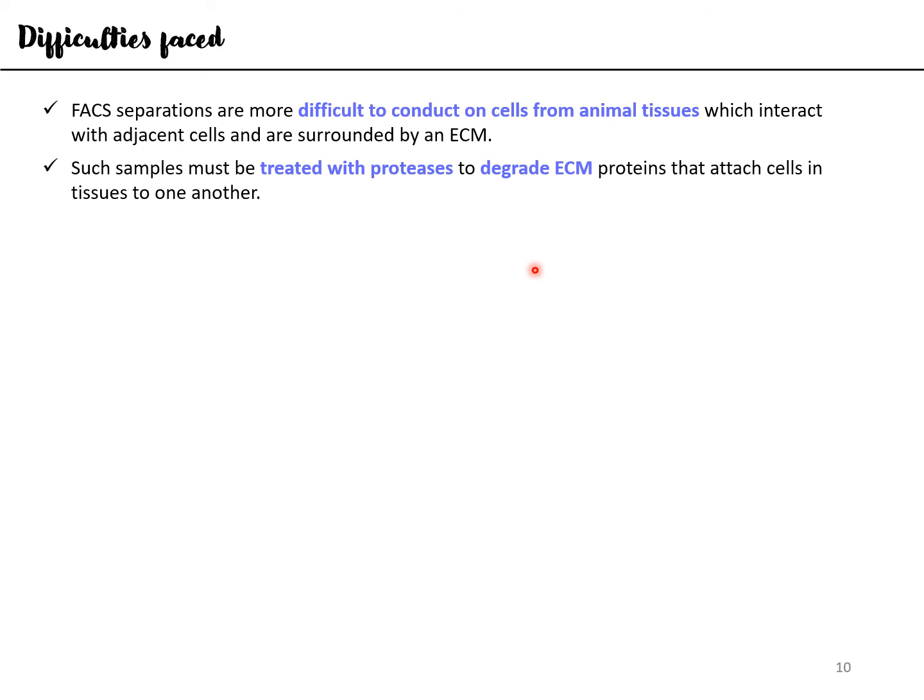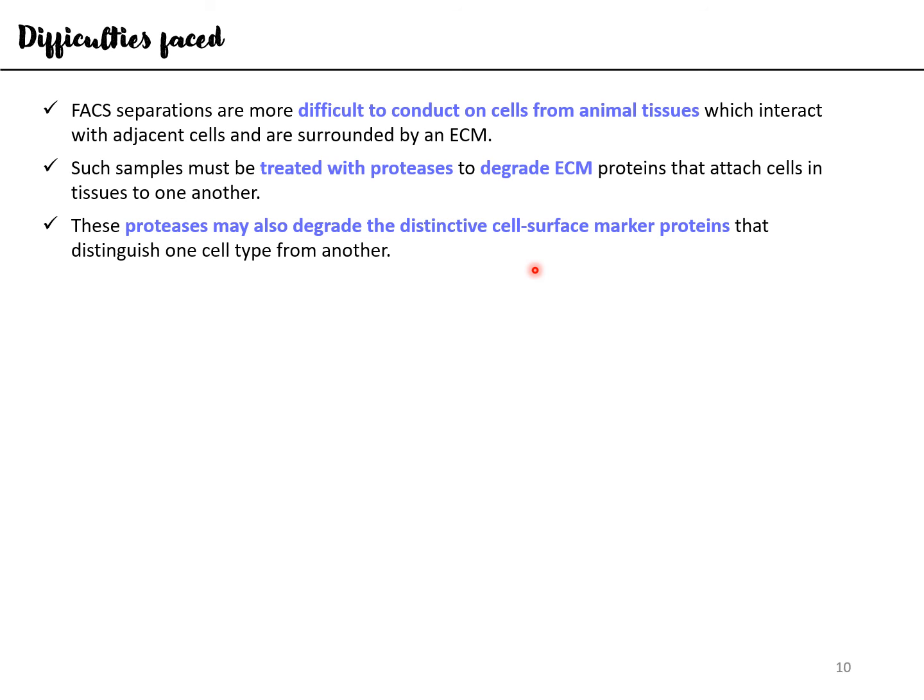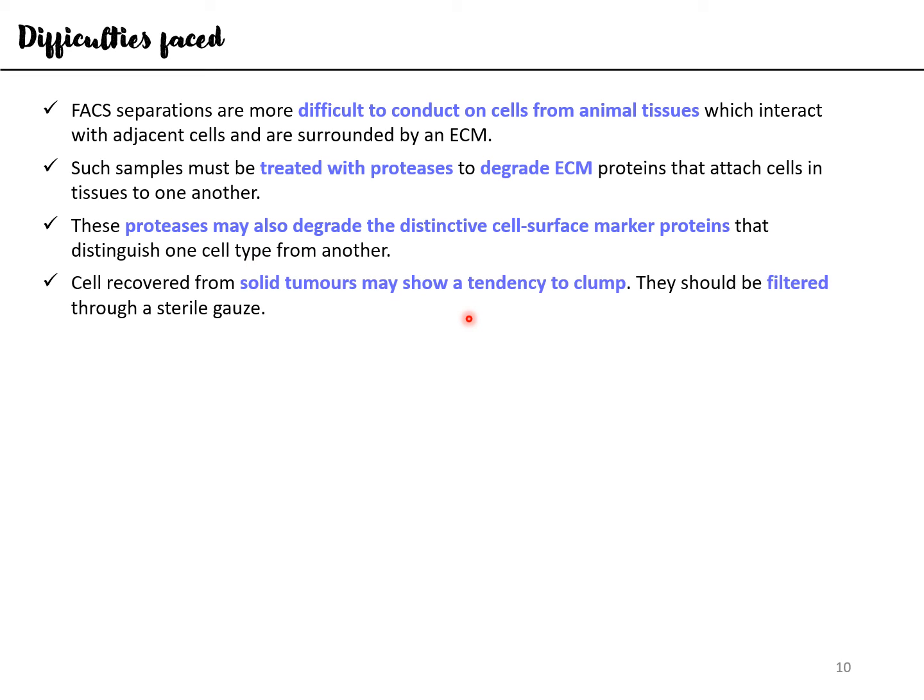This protease treatment will help in the disaggregation of the cells. These proteases may also degrade the distinctive cell surface marker proteins that distinguish one cell type from another, and this is one of the detrimental side effects associated with treatment with these specific proteases.